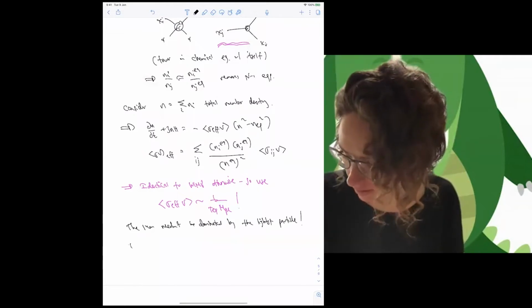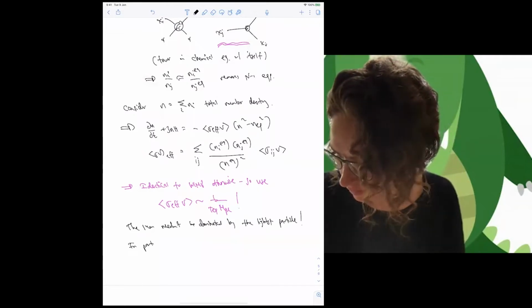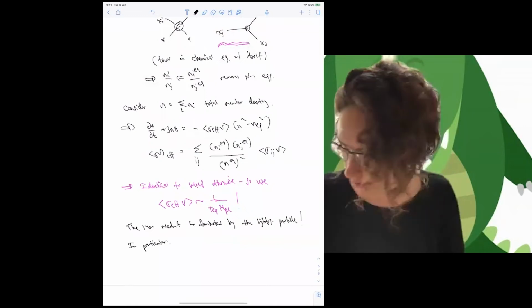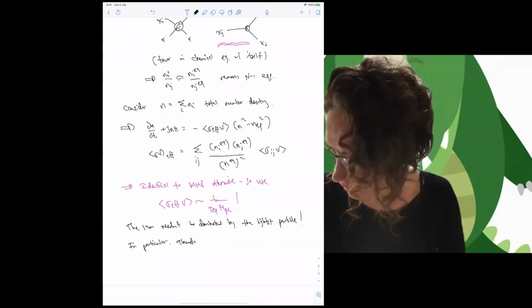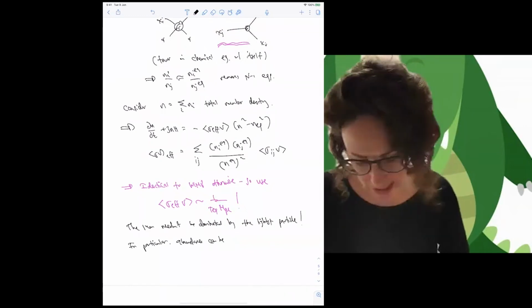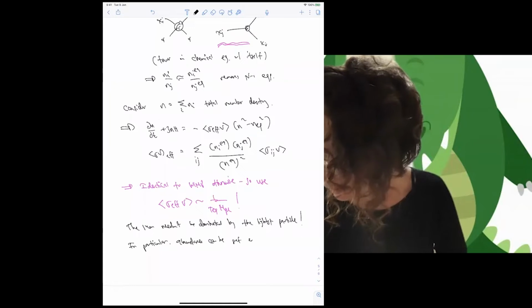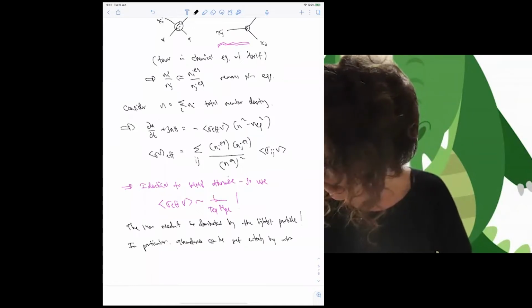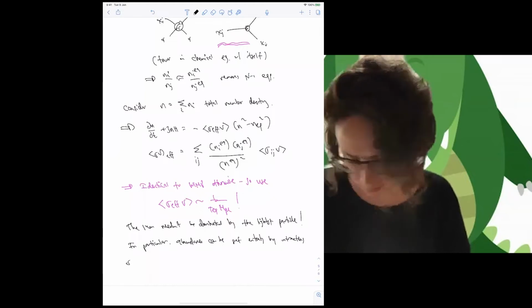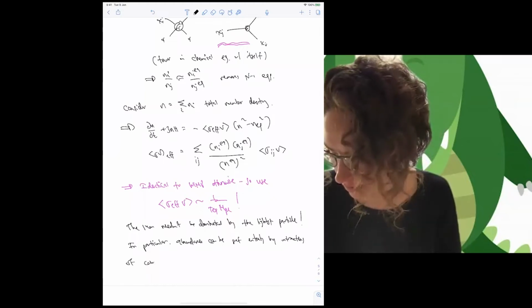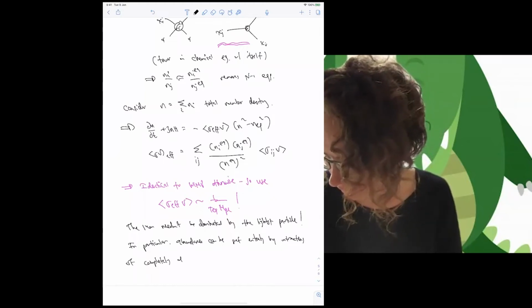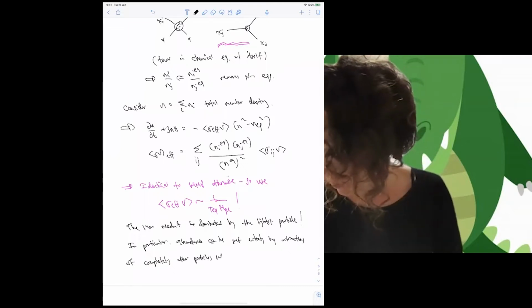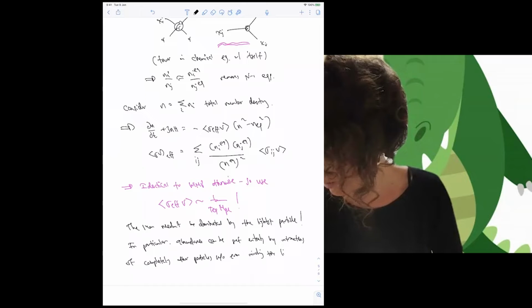Okay, and so in particular, the abundance can be set entirely by interactions of completely other particles, without even involving the lightest one.